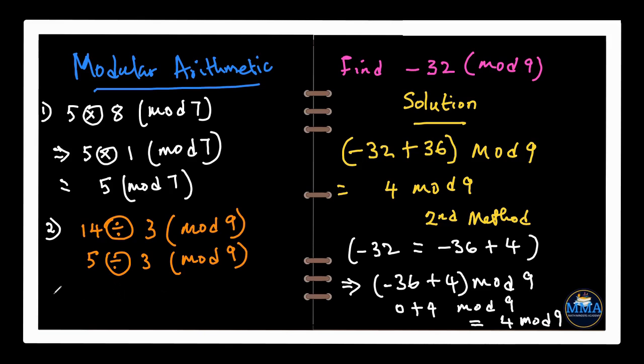So we say here that there is no solution, or that this is not possible, because we've reduced these two values to numbers in mod 9 and we have seen that this division cannot work.